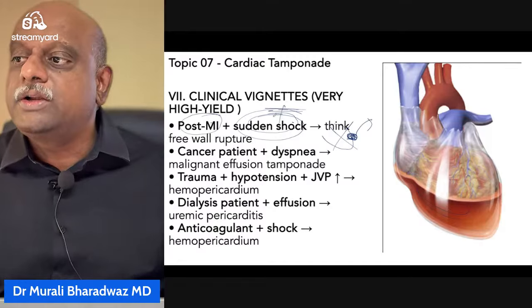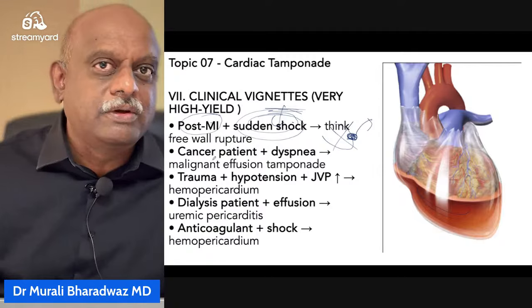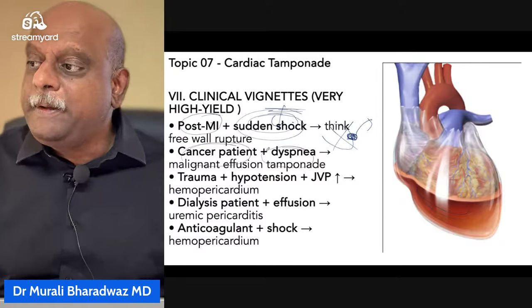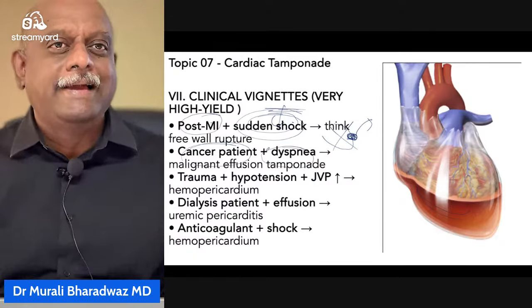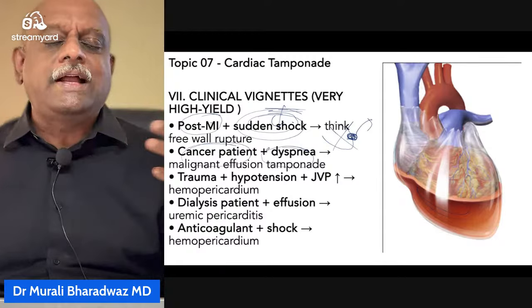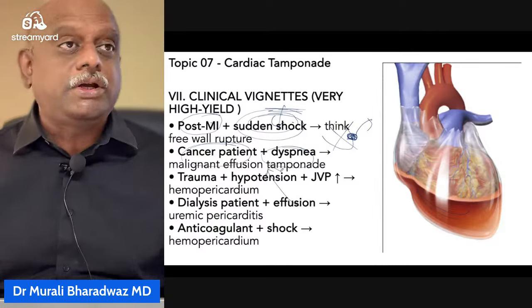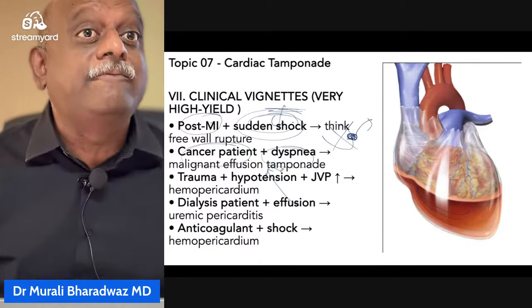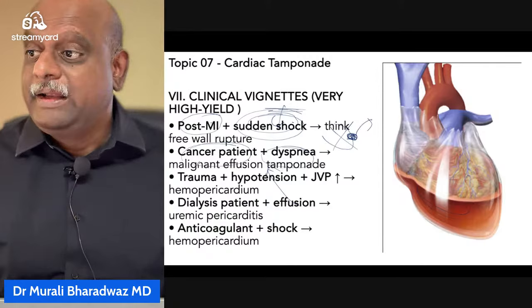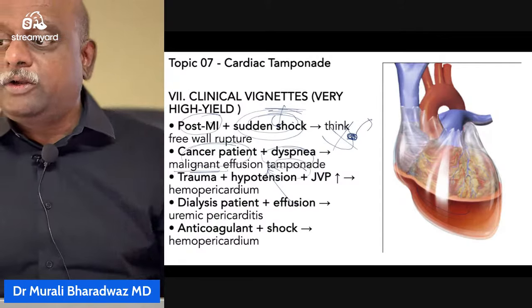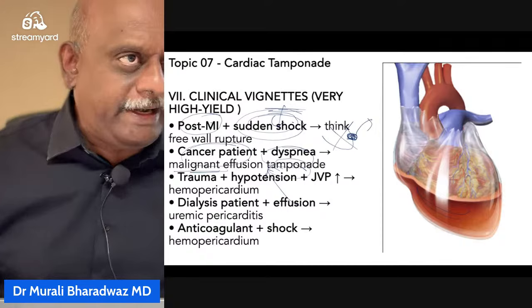That led to sudden shock. Think of tamponade. Any cancer patient with dyspnea, there are metastases that happened into the pericardium, leading to rapid collection of the fluid, especially lymphomas, will lead to malignant effusion into the pericardium, leading to the development of tamponade.